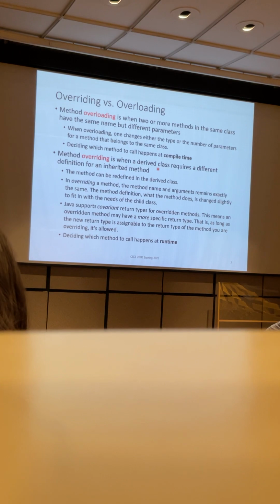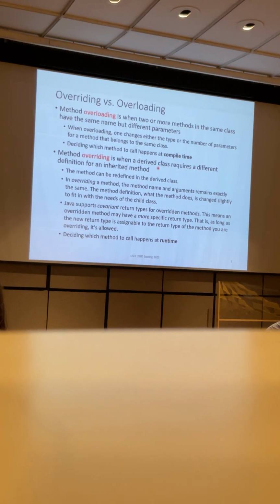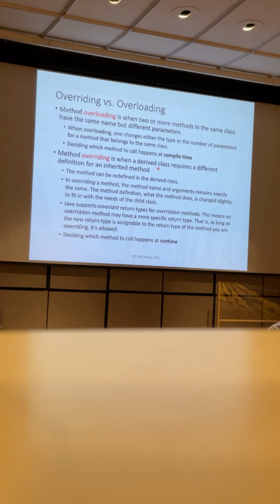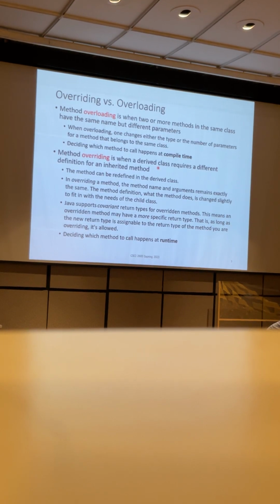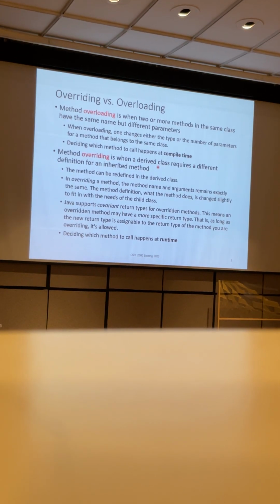And then the return type can be covariant, so it can be either the return type from the method in the superclass, or it can be a subtype of the return type from the superclass. All right, so overriding is trickier because the method is redefined in the subtype, and as we already mentioned, name and arguments remain exactly the same in Java, right?